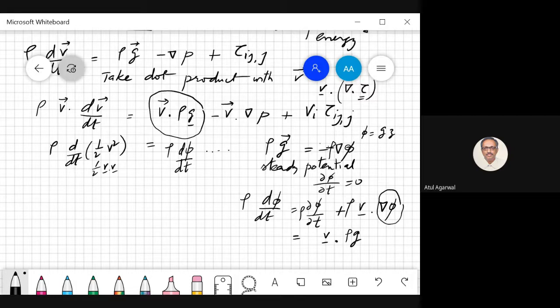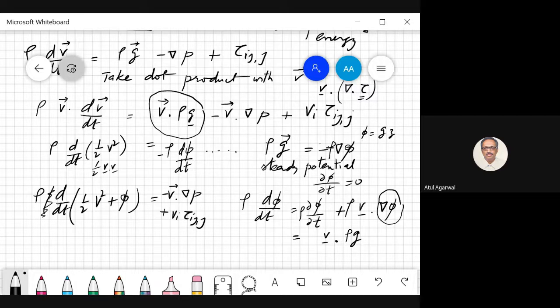And you have got other terms. So you can take this term onto the left hand side. Just check it out, there is a minus sign also. Rho d by dt of half, this is equal to, can you see what has happened?